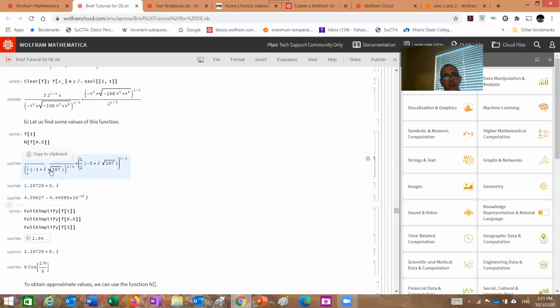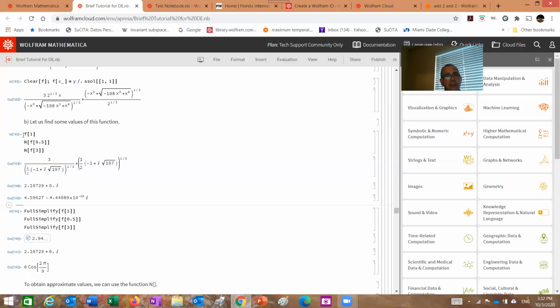But you see, this is an expression that at least formally contains imaginary numbers. Actually, when you do the simplification, the imaginary numbers disappear. But as the computer is doing this in an approximate way, that's why you got a very small imaginary part. But then this is the first number here.